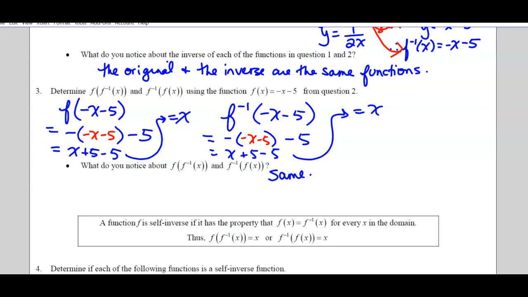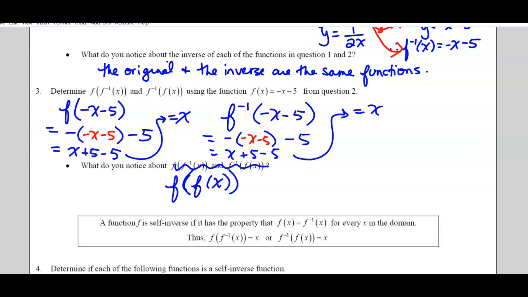Now, it's been fixed here. We fixed the actual wording because this is obviously the same. And so what do you notice if we ask you to do f of x in this question?